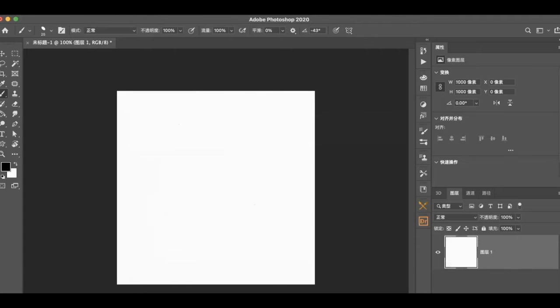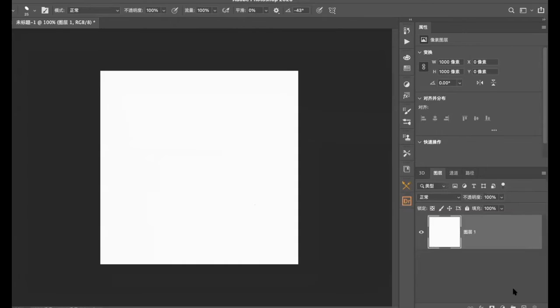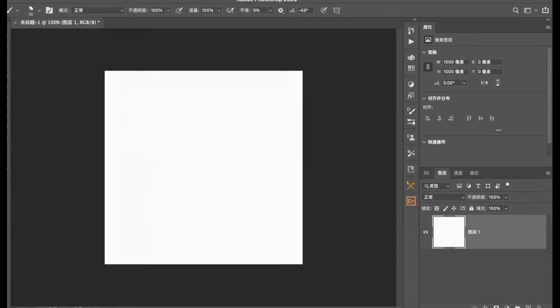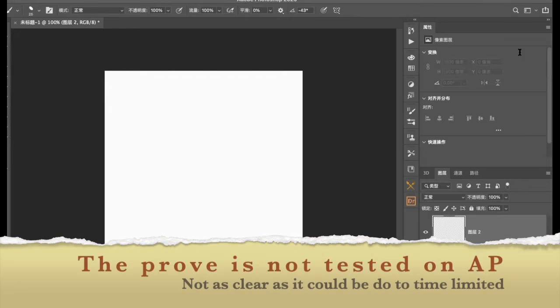So let me show you the proof of these things. To prove property 1, which we just said: the limit as n approaches infinity of the absolute value of an plus 1 over an is smaller than 1.